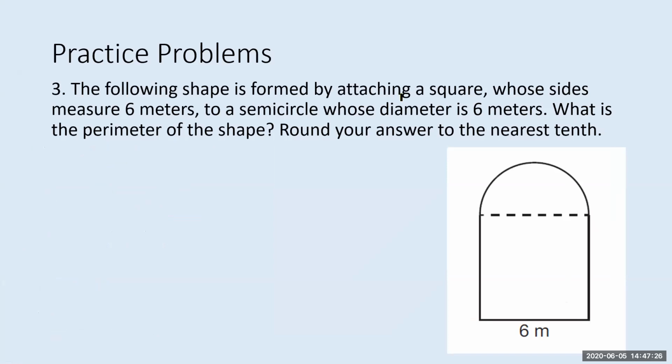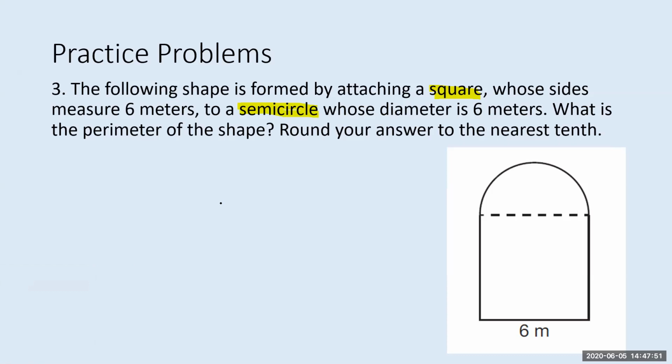Okay, so we know we've got a square here. Each side of the square is 6 meters, and that's attached to a semicircle. So that means a half of a circle whose diameter is 6 meters. So thinking back to last week with that circle vocabulary that we worked on.